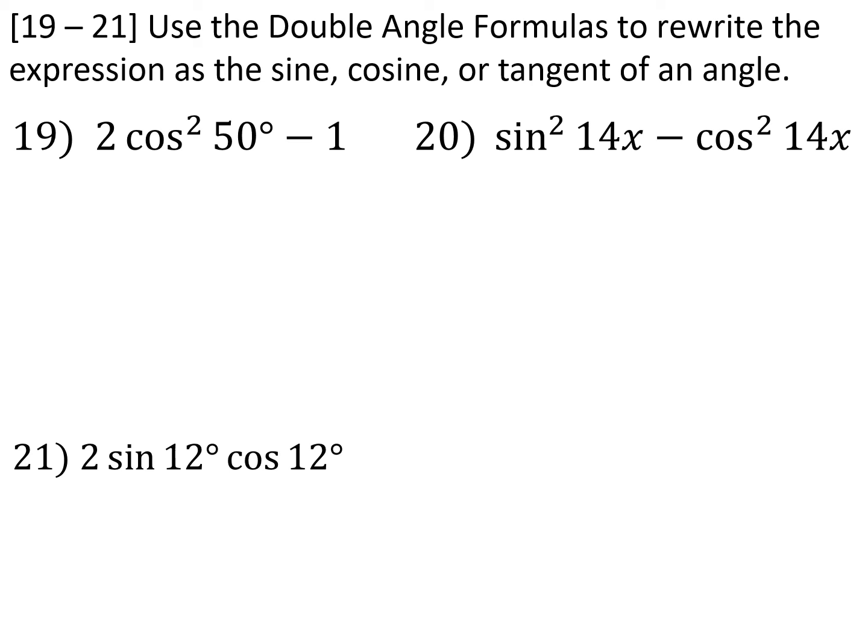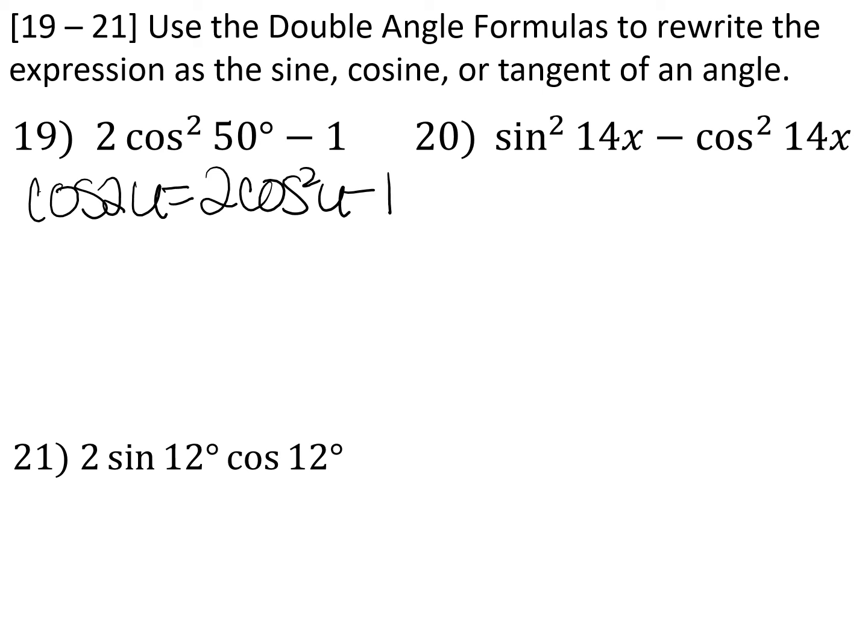It says use the double angle identities. Okay, I really don't like 16. I wish I hadn't put that one in there. It's harder than what it needs to be, but I'll show you. Here it says double angle formulas. The double angle one for cosine, there's one that looks just like this. It says cosine of 2u equals 2 cosine squared u minus 1.